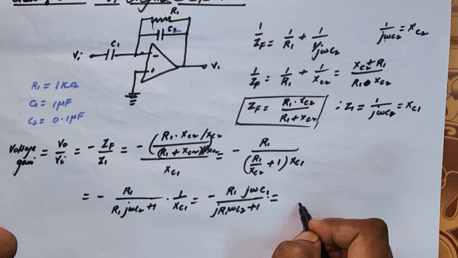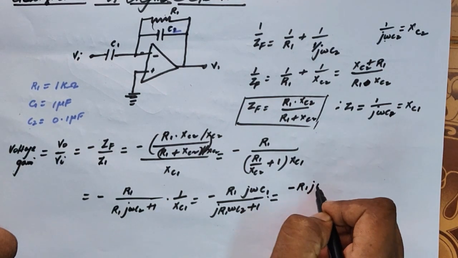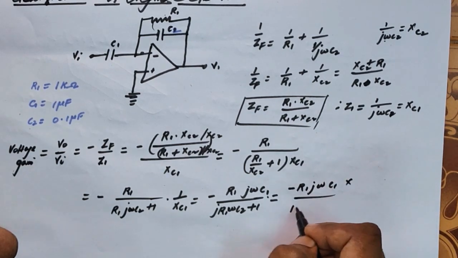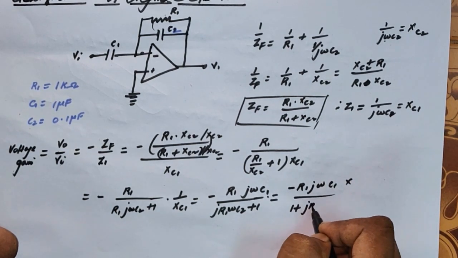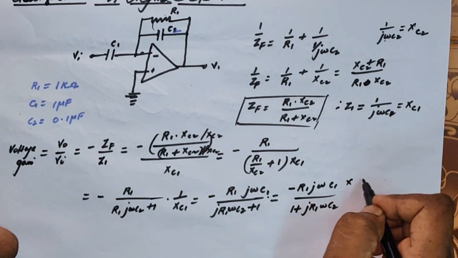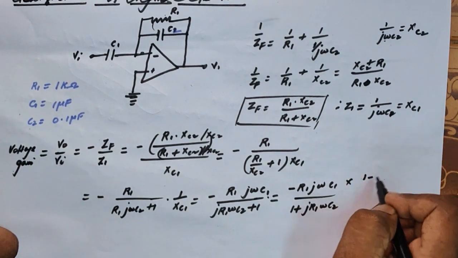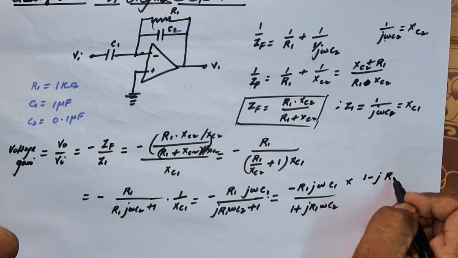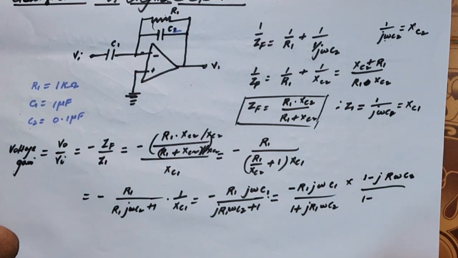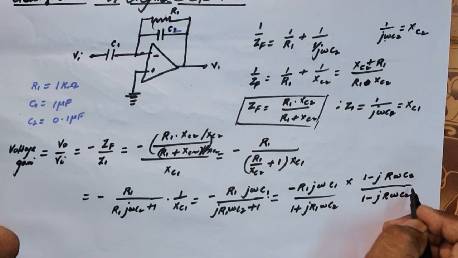If you multiply by the conjugate of the denominator, the numerator R1 j omega C1 gets multiplied by 1 minus j R1 omega C2, divided by 1 minus j R1 omega C2.